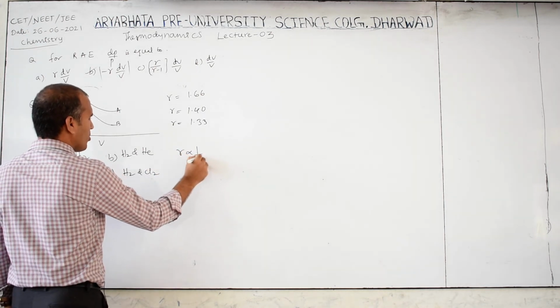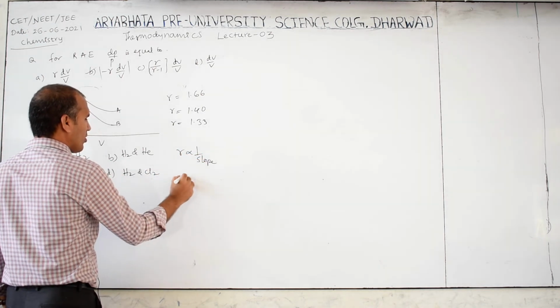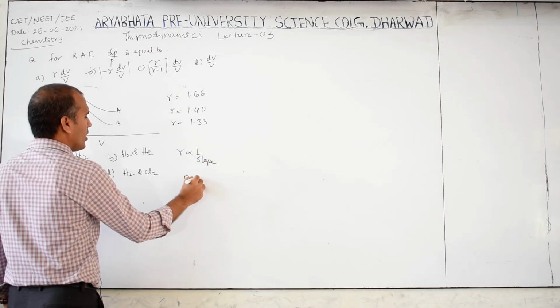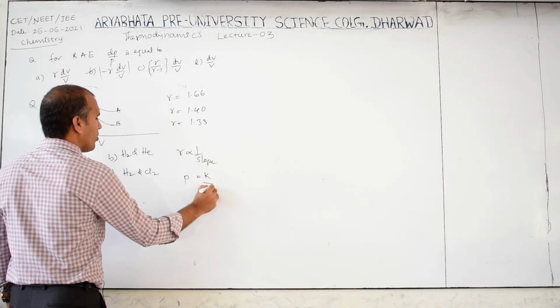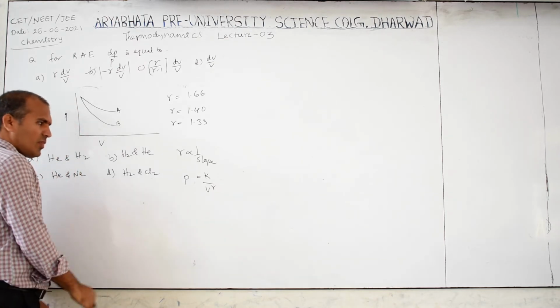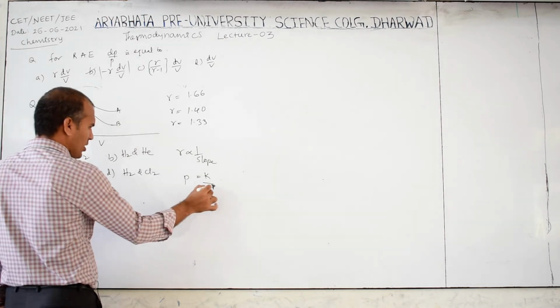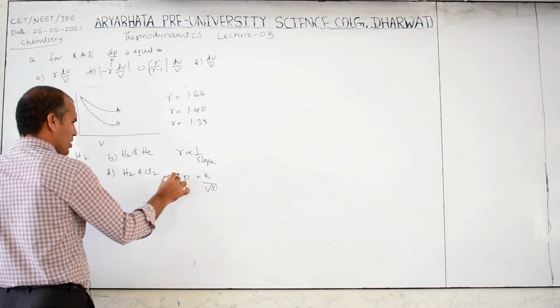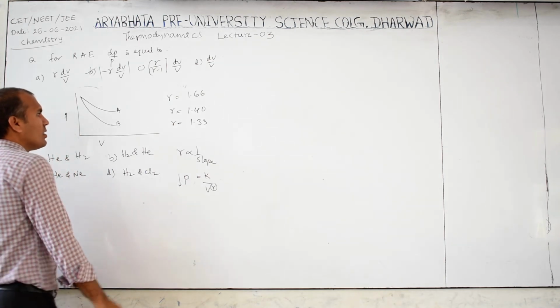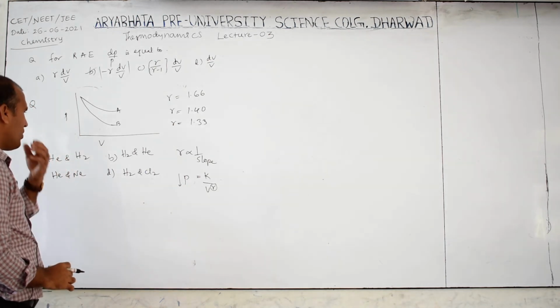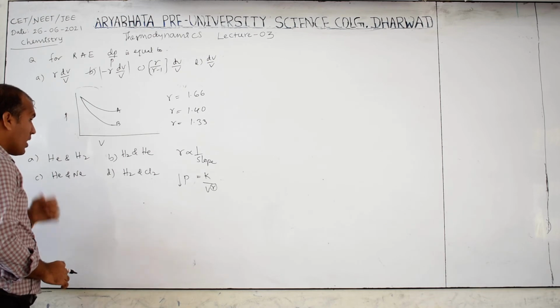Gamma is inversely proportional to slope, otherwise this is also P equal to K by V power gamma. If the gamma value increases, then pressure should decrease. Therefore, which gamma is greater here?